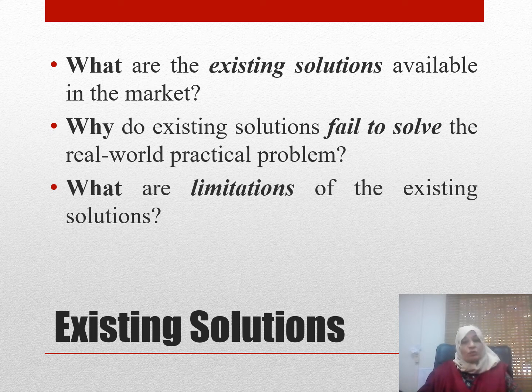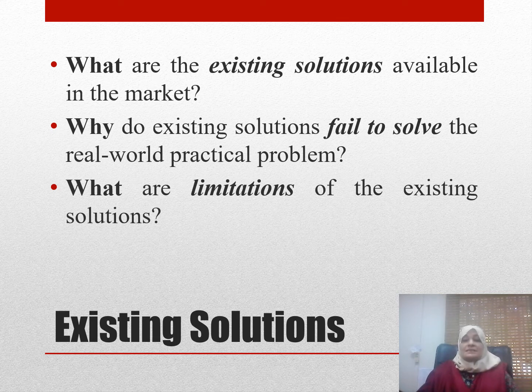See, it's a very interesting question. On the one side, we are looking for the problems. On the other side, we are looking for existing solutions. But the thing is, if existing solutions are already there, why do you still feel that the problems remain unsolved? It means there are some limitations.